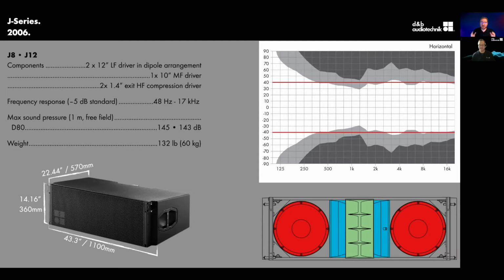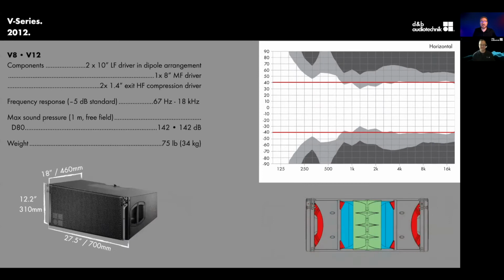But in general, a very, very well behaved loudspeaker. So we've got the J series, and it controls down to 250 hertz. Cool. And then in 2012, we released the V series.